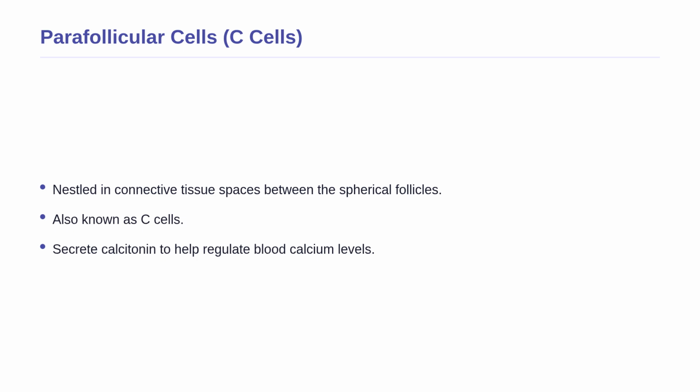Instead of managing metabolism, they secrete a distinct hormone called calcitonin. Calcitonin plays a crucial role in helping to regulate your blood calcium levels. So within this one gland, we have two entirely different endocrine functions happening side by side, perfectly organized at the microscopic level.